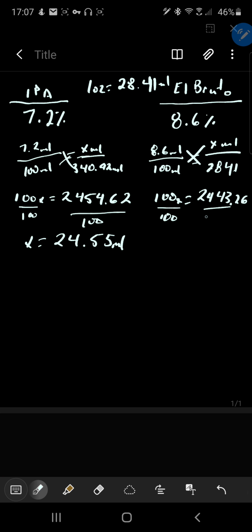We're going to divide by 100 on each side, and we end up with x equal to 24.43. We don't need to round up because the next number there is a 2. So here, for a 10-ounce pour of El Bruto, I would be imbibing 24.43 milliliters as opposed to 24.55 milliliters of alcohol with a 12-ounce pour of the IPA.